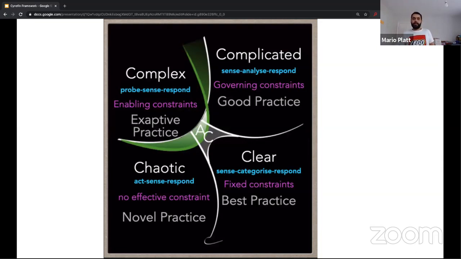The problem is when we define policies that go into much more than just setting control objectives, and I've seen many organizations which do this. We over-constrain the system, and that's when we can start having the problems I mentioned earlier.